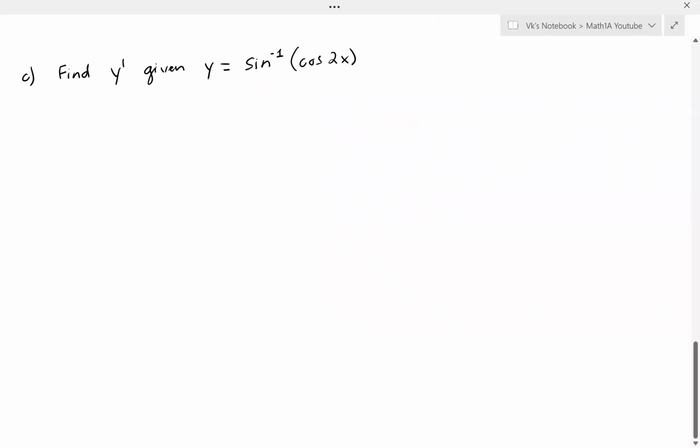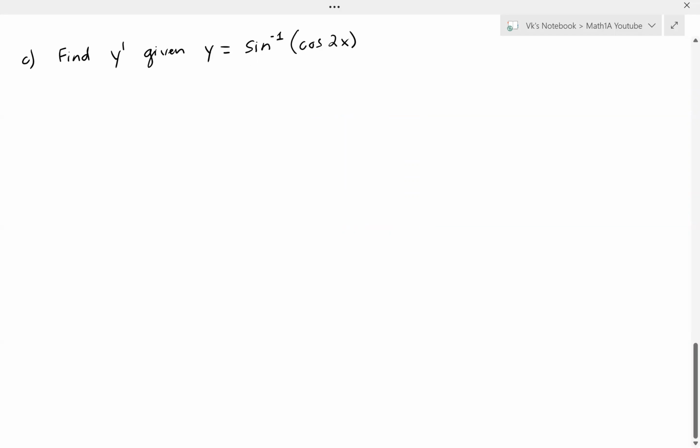Let's do one more. Find y prime given y equals arcsine of cosine 2x. y prime here is the derivative of the outer function, which is 1 over square root of 1 minus cosine 2x squared, multiplied by the derivative of the inner function, derivative of cosine 2x.